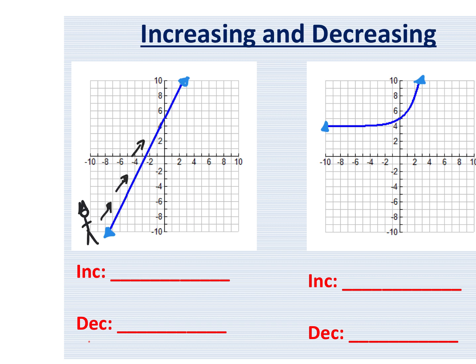Up. Well, since it is going up, that means the graph is increasing. So, looking at this from left to right, he is increasing. Is there ever a spot where he decreases? No. So guess what? This is an example where, when they ask you if it is increasing, you would say always. And then when it is decreasing, you would say never.